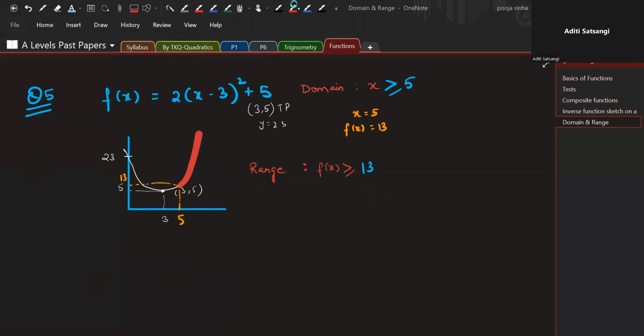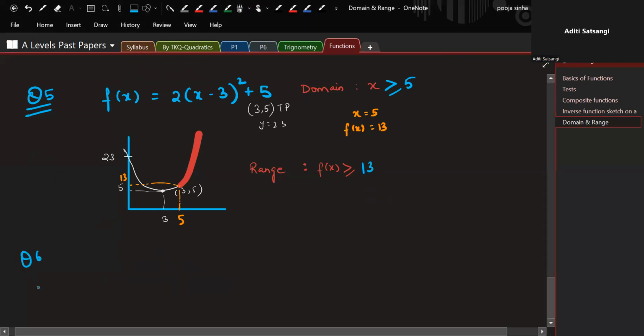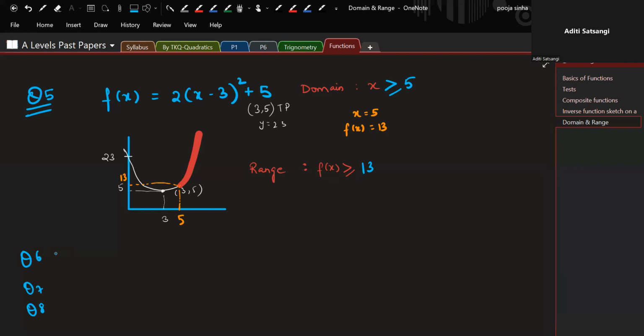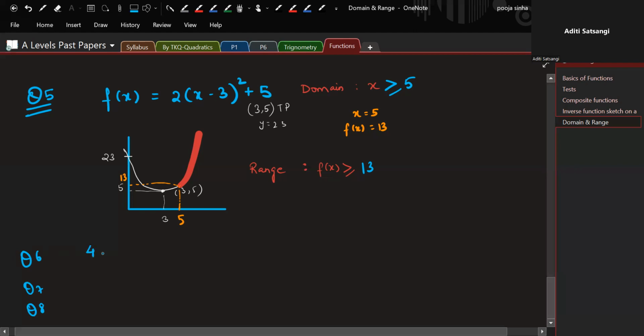Now I want you to do it on a graph sheet and you have to tell me what will happen if I take these. ठीक है, मैं तीनों questions आपको दे रही हूँ, question number 6, question number 7 and question number 8. Your question is, now you are going to do this. ये वाला यहाँ पर अब आपका domain जो है वो 4. अच्छा, 4 is not included.